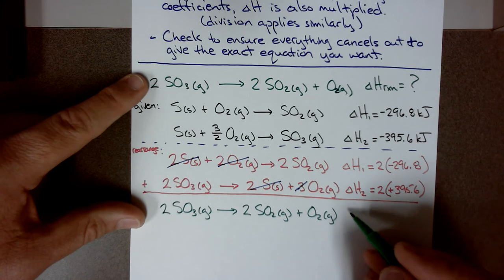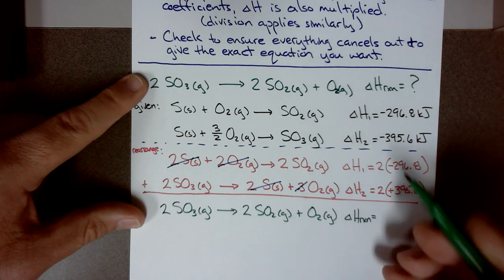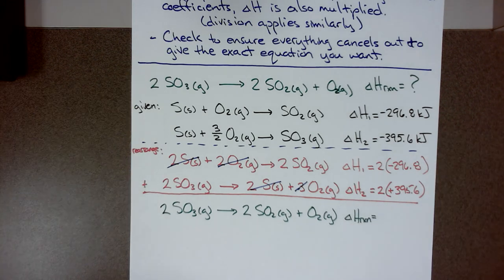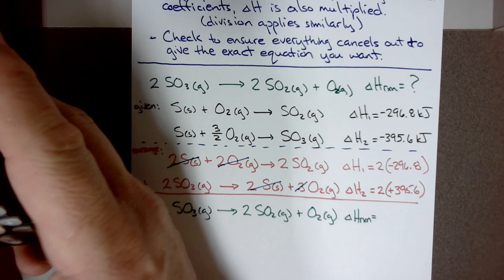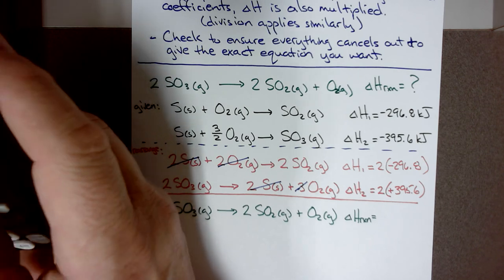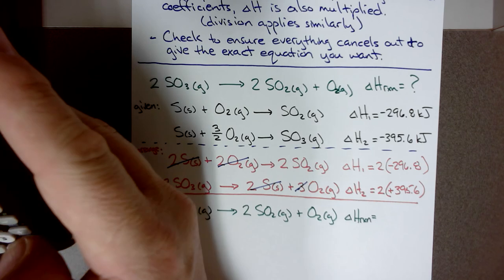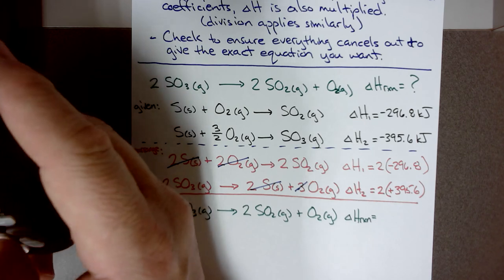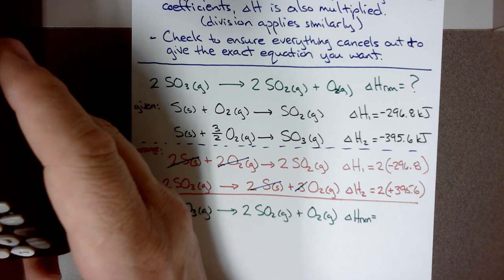And now for the delta H of the reaction, I just add and multiply. So I have 2 times a negative 296.8, and then 2 times a 395.6, and then I add those 2 values up.